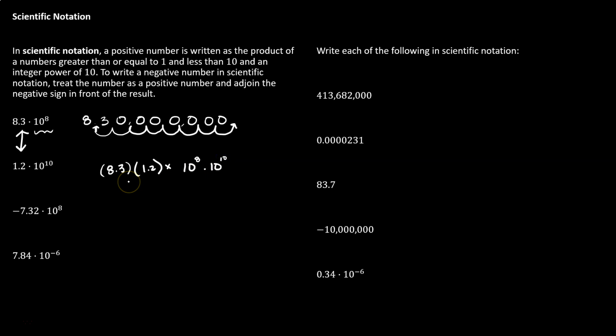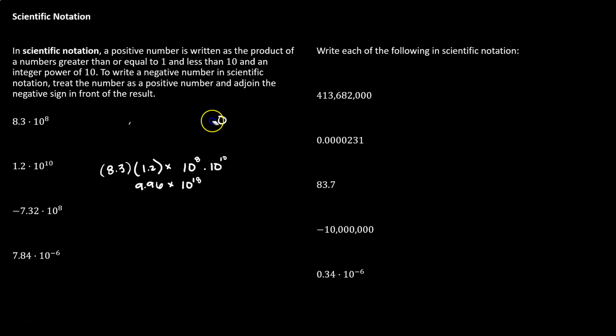So if I did 8.3 times 1.2, now that we know how to multiply decimals, I would get 9.96 times 10 to the 18th power. That is a huge number. But could you imagine going through the multiplication process with 7 zeros in this number, 9 zeros in this number? That would be a lot of zeros to copy down. Scientific notation makes it much more concise.